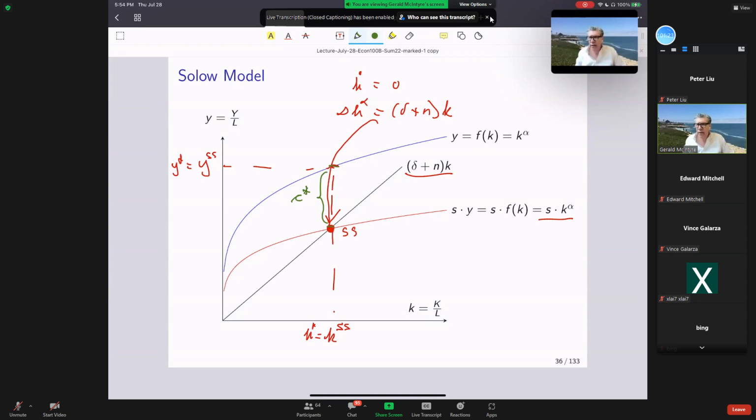I'll keep the meeting on, but I will take a break. I'll get a double espresso, and I hope you get revitalized with some water or something else. We'll come back and talk about extensions of this Solow model, what this equilibrium means. So I'll see you in 10 minutes.